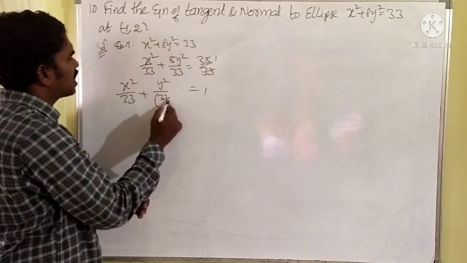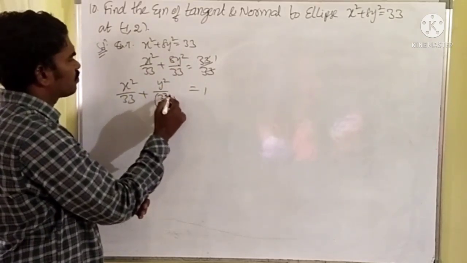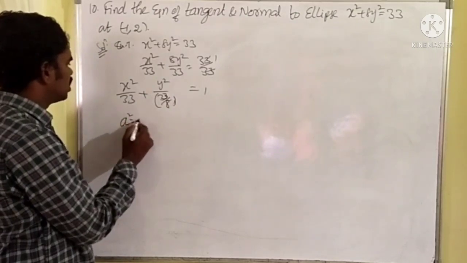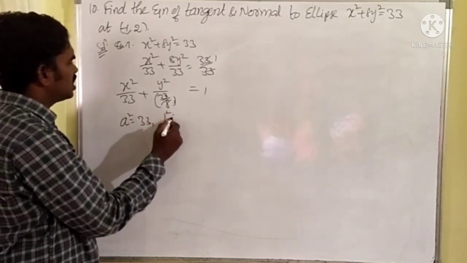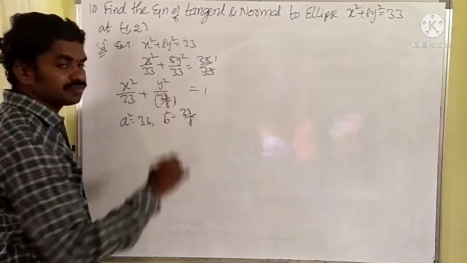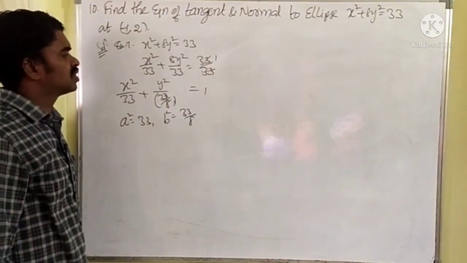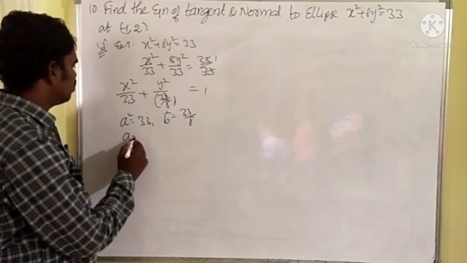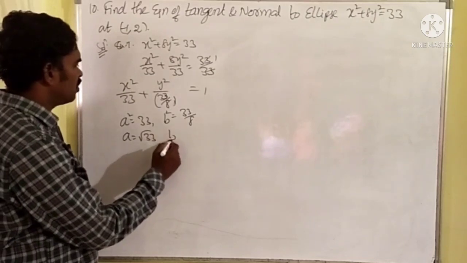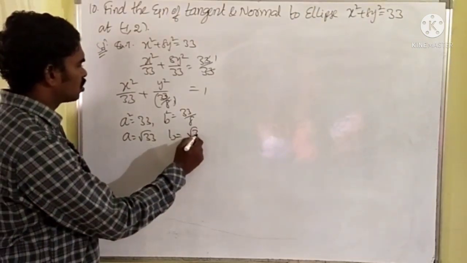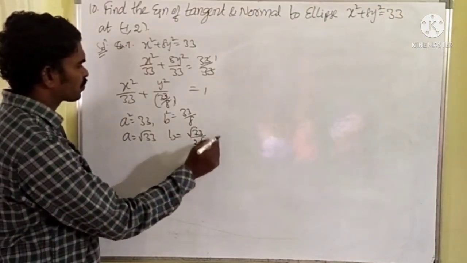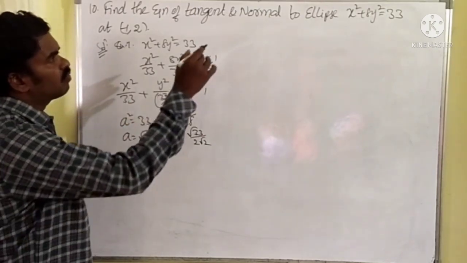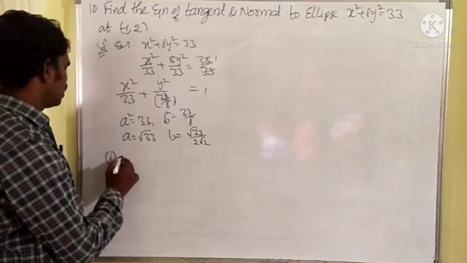Means 33 by 8. So a square is 33, b square is 33 by 8. So obviously a value is root 33, b value is root 33 by 2 root 2. Okay, leave it. Now first thing, point.